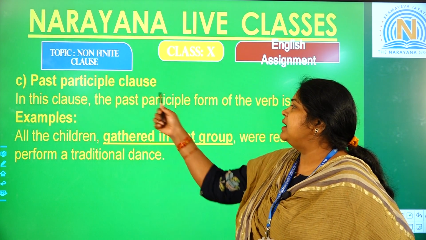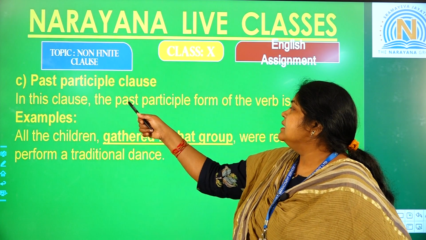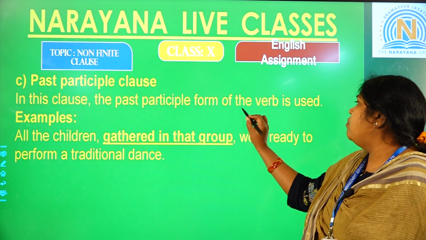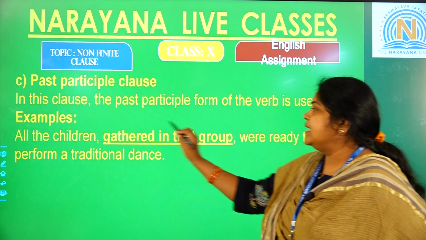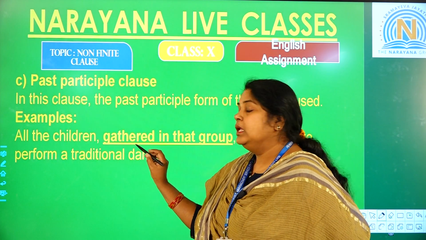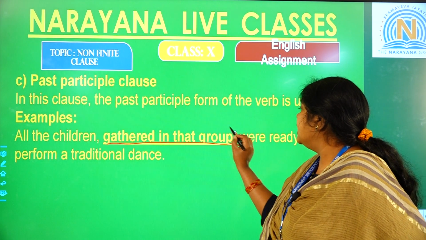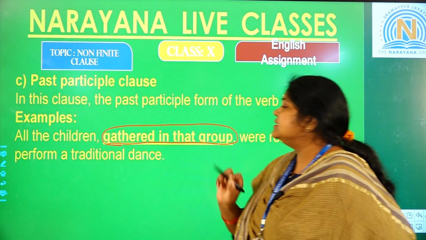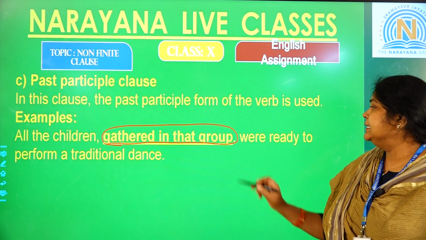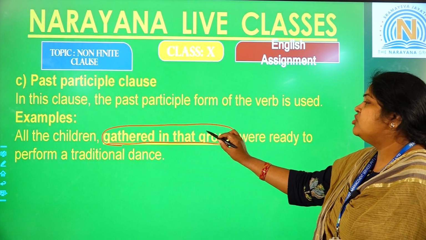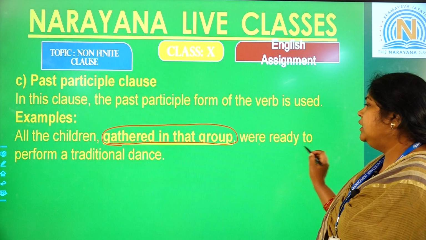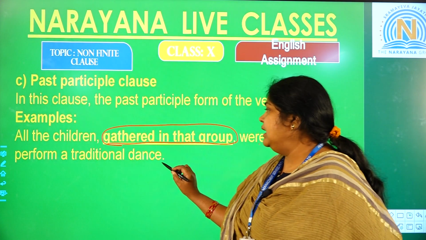Next is the past participle clause. In this clause, the past participle form of the verb is used. Example: All the children gathered in that group were ready to perform a traditional dance.